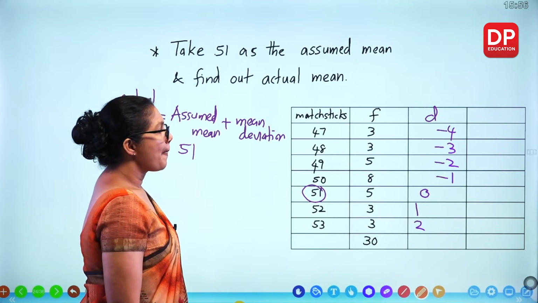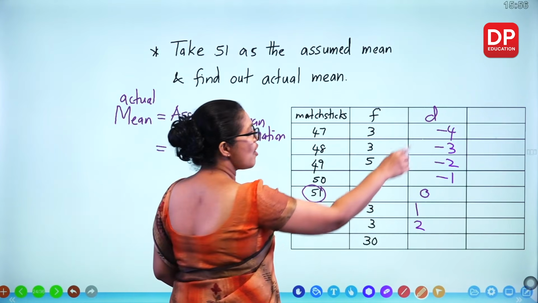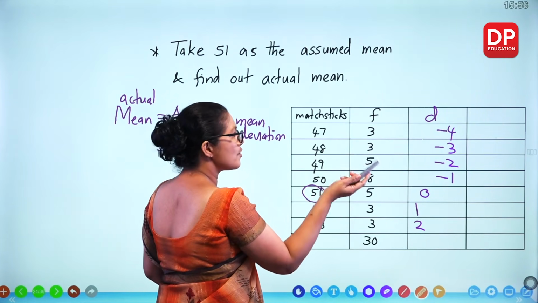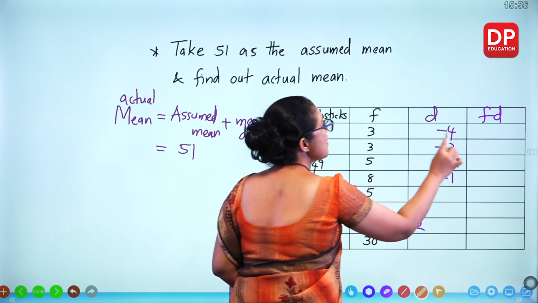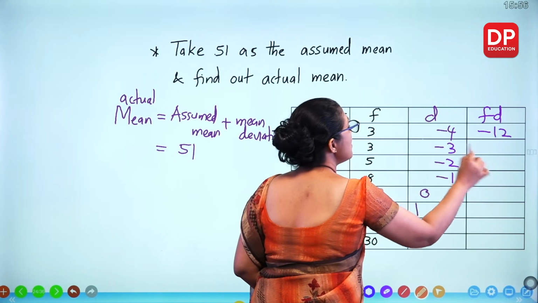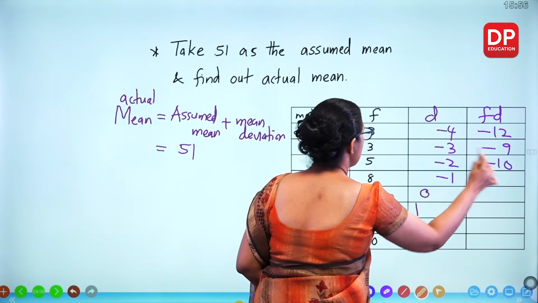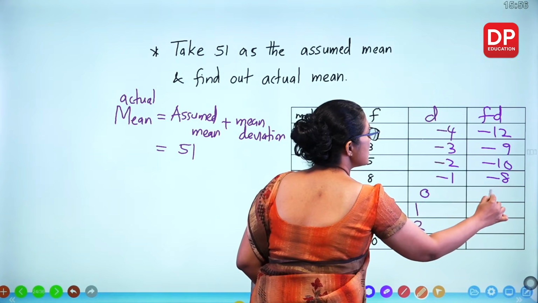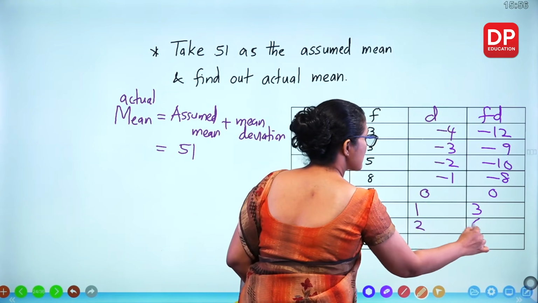Then it is not 0. When you find the total, you are not getting 0. That means you have to find FD. Multiply 3 times minus 4, minus 12, minus 9, minus 10, minus 8. 0, you get 3, 6.